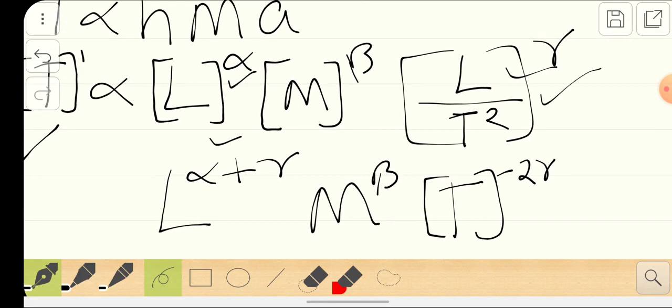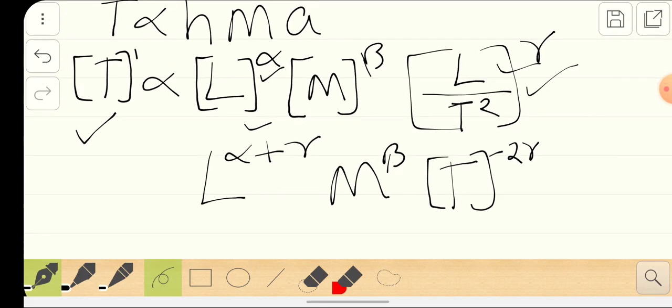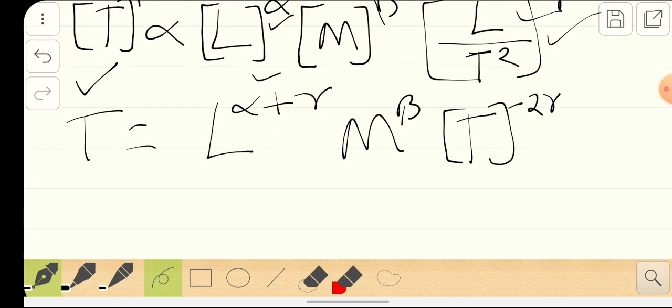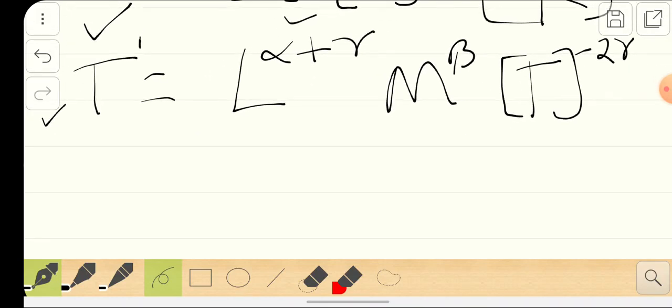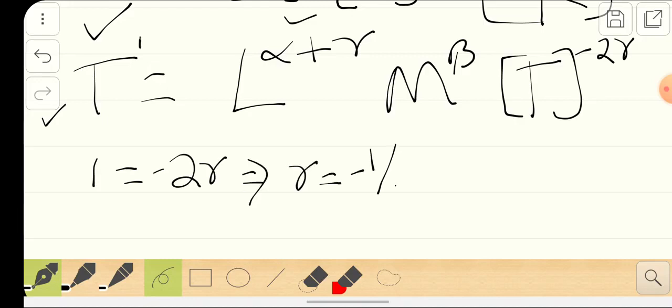On the left side you have only t, so t is raised to 1. On this side m has no exponent, that means m raised to 0. Now you can correlate the exponents: 1 is equal to minus 2 gamma, or simply gamma is equal to minus 1 by 2.